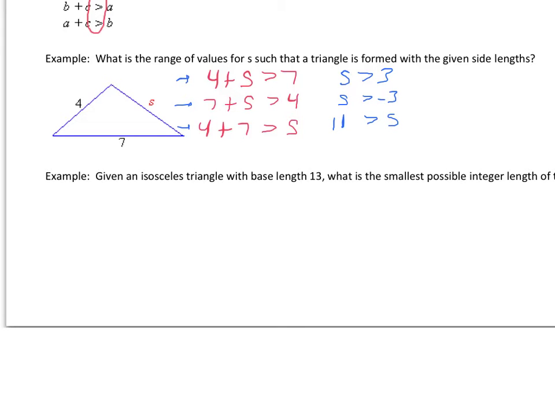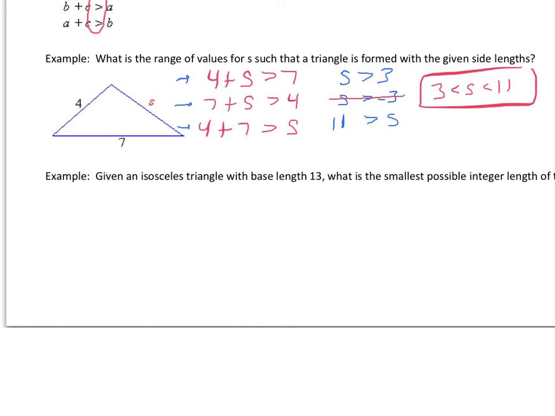Now, we cannot have a negative distance, so we'll ignore that one. We have a small value of 3 and a large value of 11, and s must be between those two. So this is the range of values that would make this triangle work.